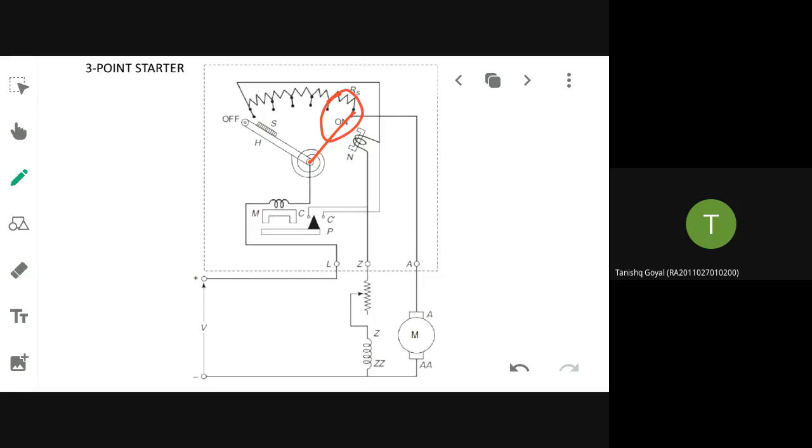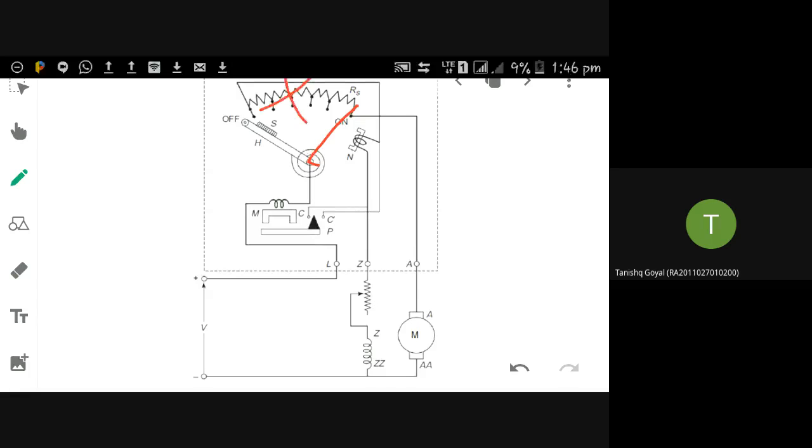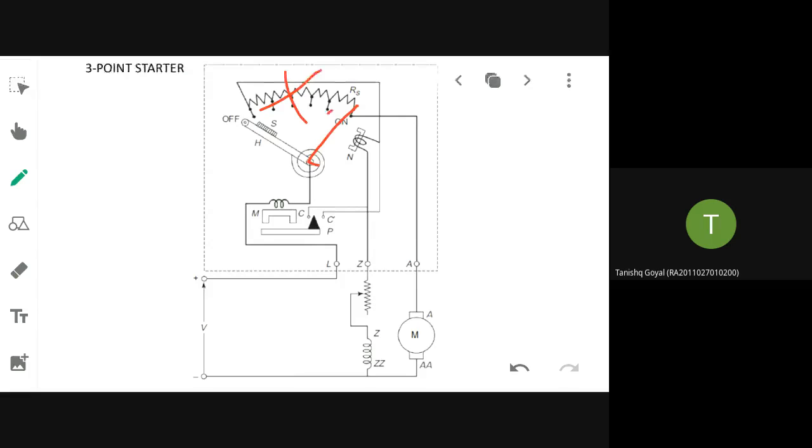Now if I keep the handle at this position, what will be the resistance that is added? No resistance. If I push the handle and connect it at the last stud, then the Rs value is eliminated. So that is why it's called the on position. So now, as usual, I can run the machine. This is how a starter works.